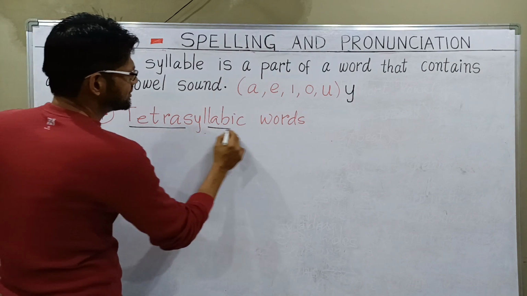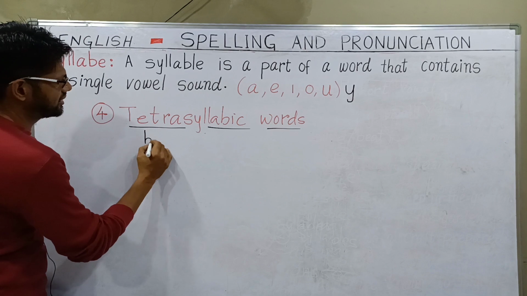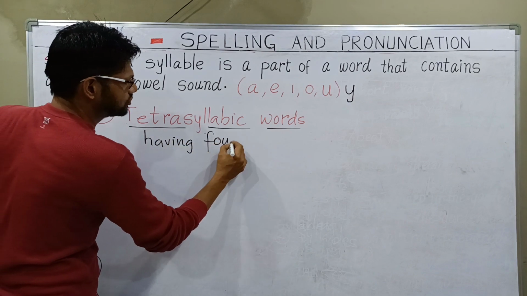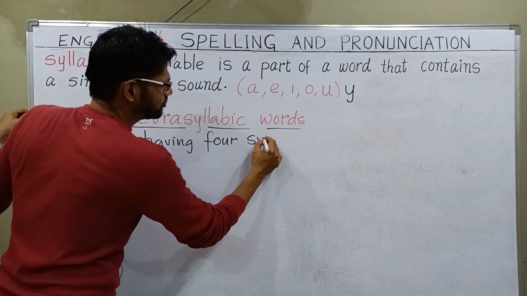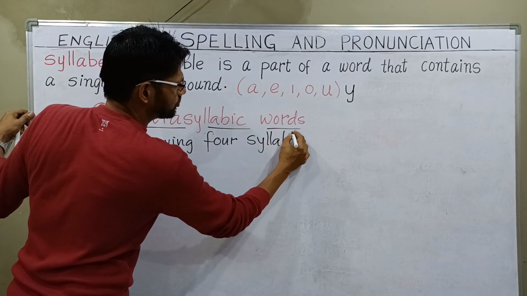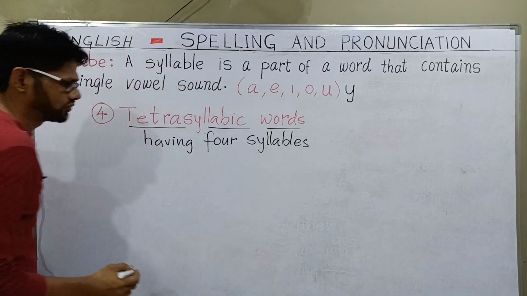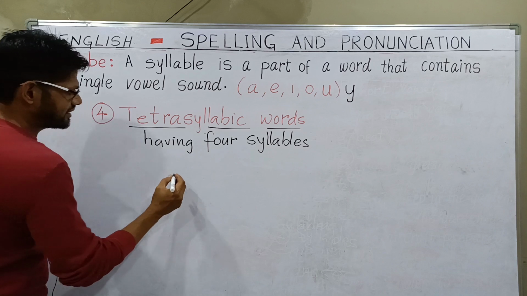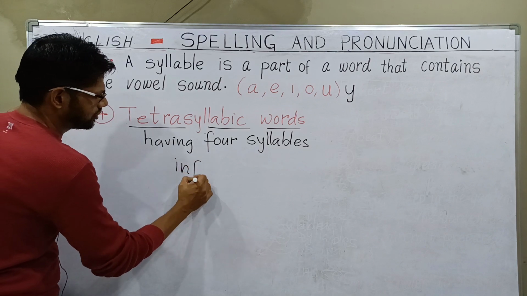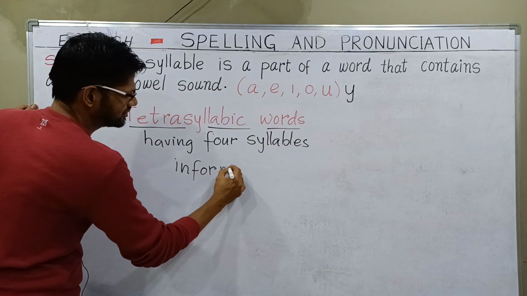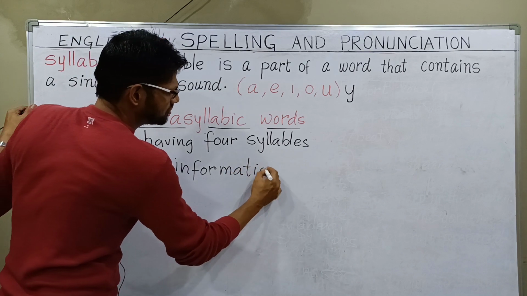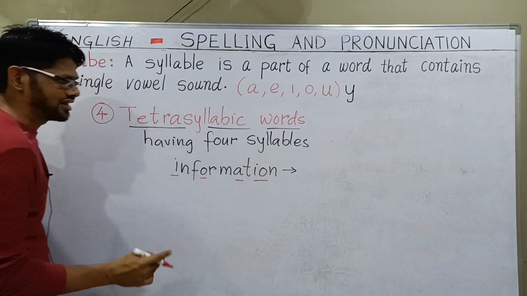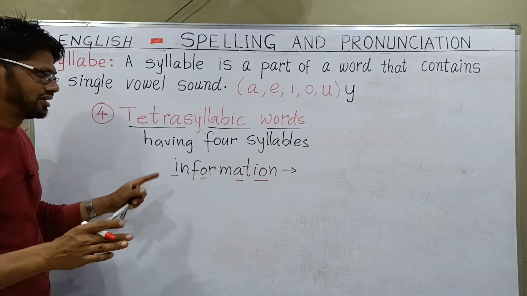So words having 4 syllables or 4 beats or 4 sounds of vowels, it is called a tetrasyllabic word. Example, information.